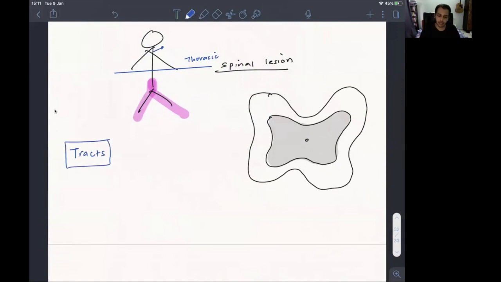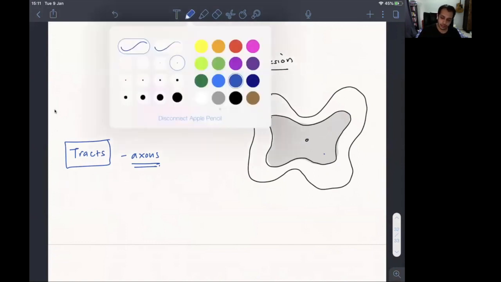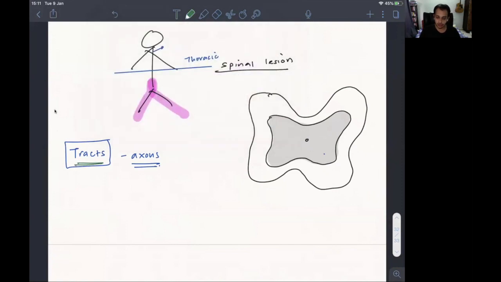And tracts are basically axons. So these are axons carrying information from one neuron to the other. And within the gray matter, you have the cell bodies of the neurons. Okay. Now, for now, we want to discuss not the cell bodies, but only the tracts, the axons. So what are the main tracts in the spinal cord?